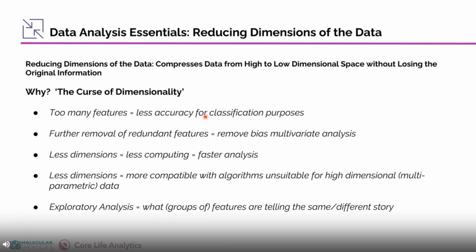By performing data reduction, you remove additional redundancy in your dataset. And having fewer dimensions is good for faster analysis and makes the data more compatible with algorithms that are unsuitable for high-dimensional data. Then you can easily and rapidly assess the data by looking at what groups of features are giving you a similar or different story.